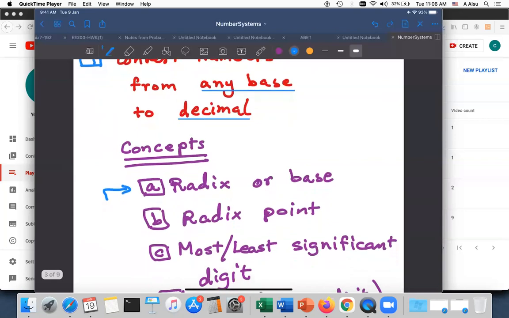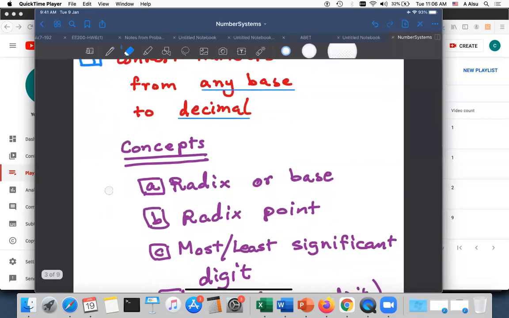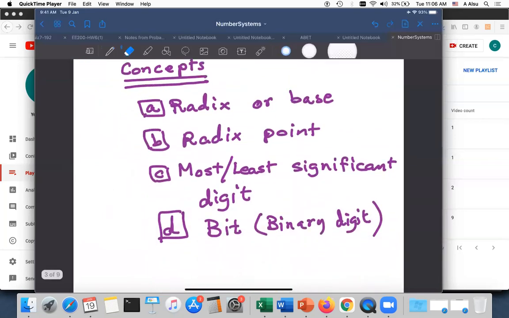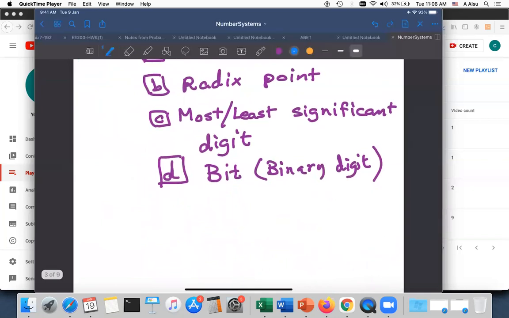So the decimal numbers that we know have how many digits? Who can tell me how many digits do they have? 10 digits. Excellent. So the digits are from 0 up to 9, right? And the size of this set is 10.